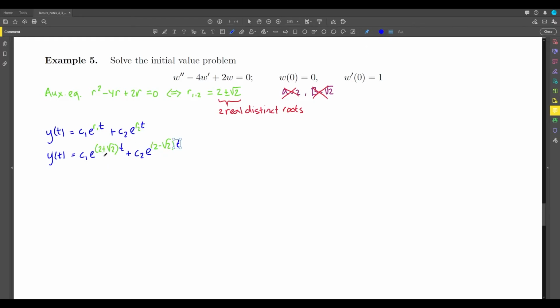Now, it doesn't matter here what we call r1 and r2. You could also flip that and put the minus here and the plus here. Either way, you'll get a correct answer.